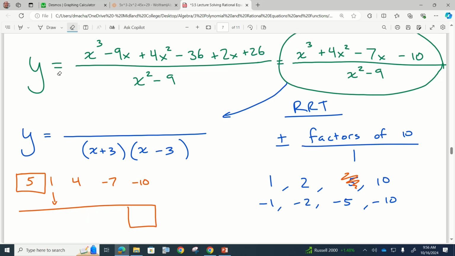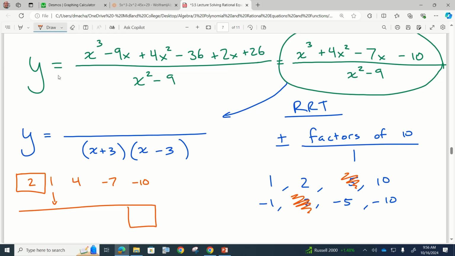Okay. Yeah, we are just guessing, so there's not one that's better than another. Negative 2, bring down the 1. 1 times negative 2 is negative 2, plus 4 is 2. Times negative 2 is negative 4, plus negative 7 is 11, times negative 2 is 22. Oop, so that's not 0 either. Remember, we're looking to make that box a 0 in the bottom right.